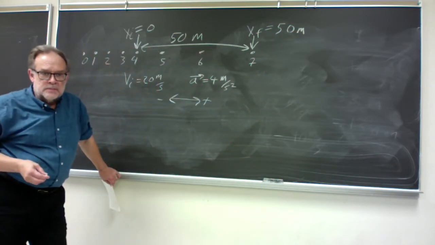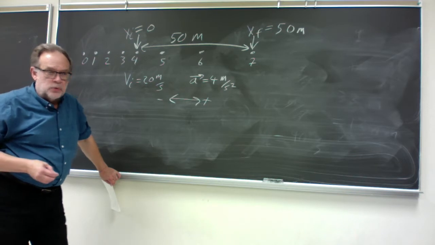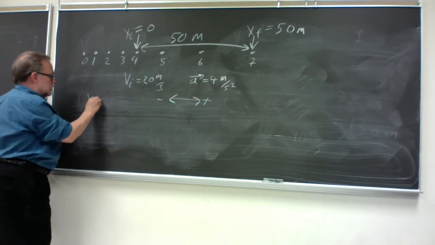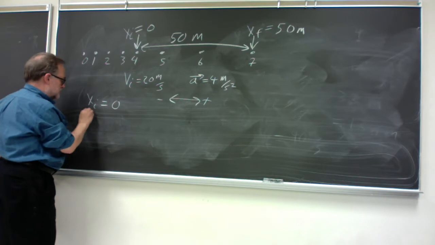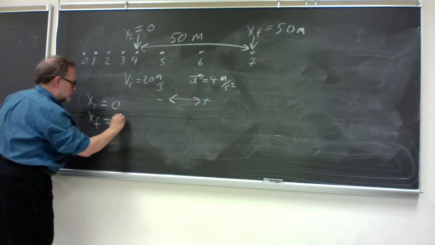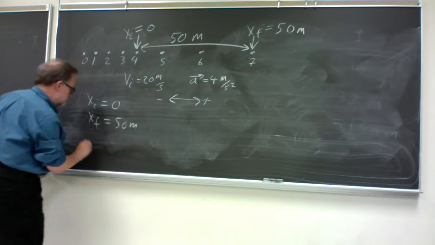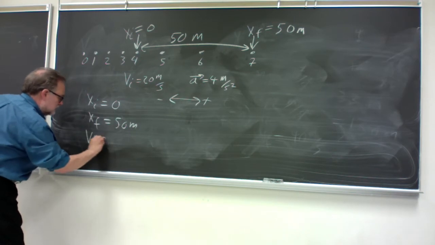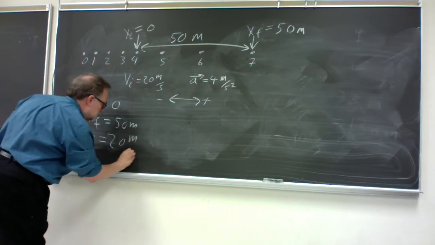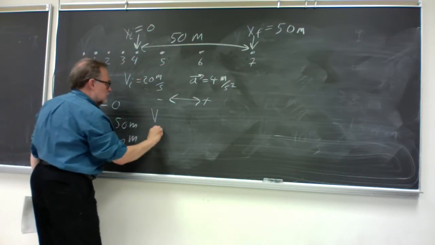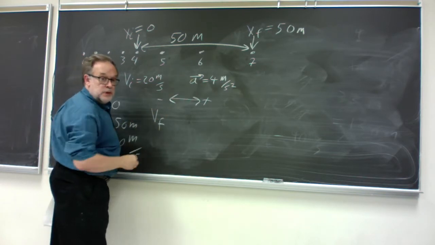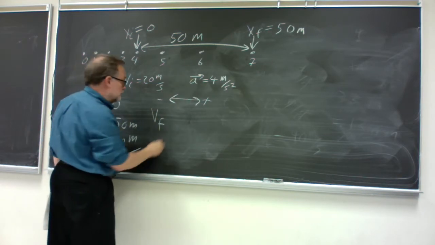So let's think carefully about what we know and what we don't know. Initial location is 0, final location is 50 meters away. Initial velocity is 20 meters per second. Final velocity, 50 meters down the road, we don't know.